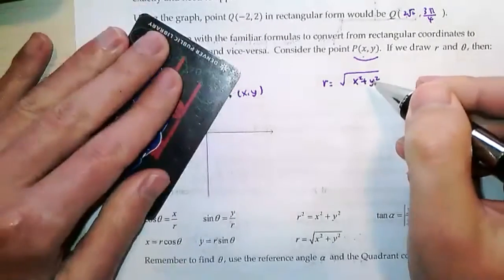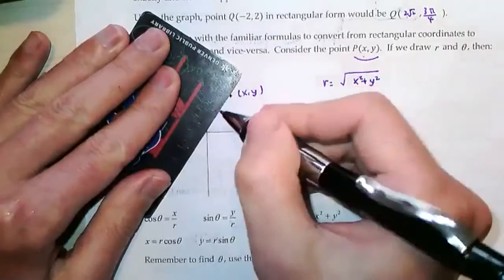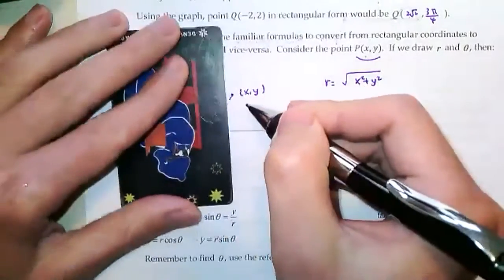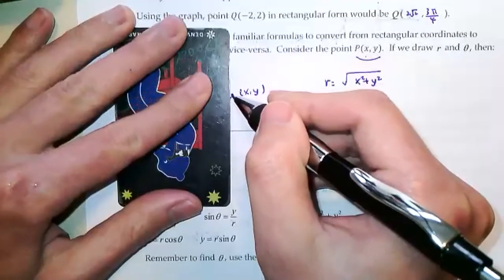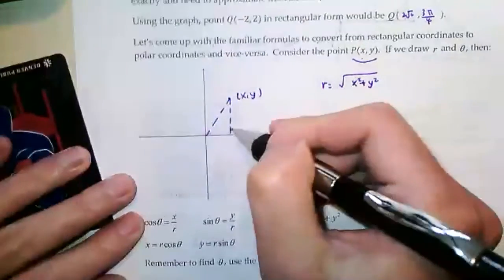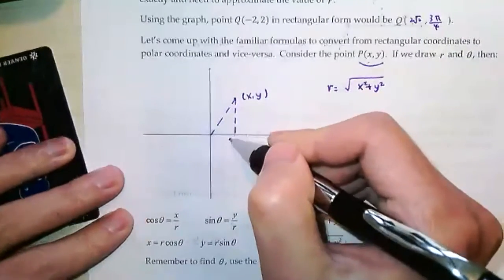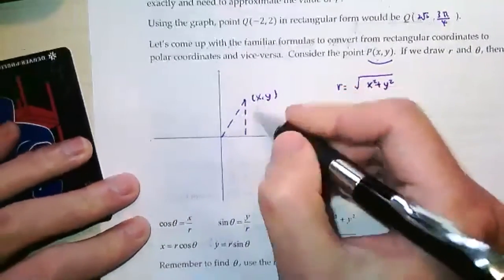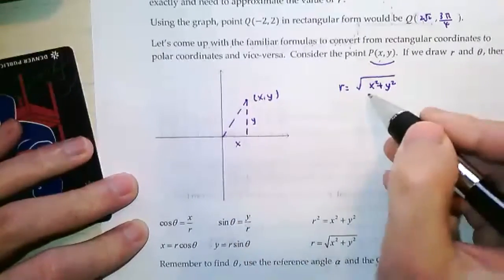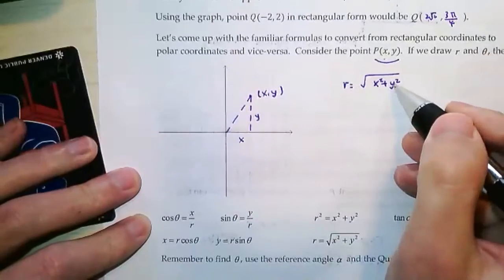So let's create a fabricated triangle to help you think about it. Imagine you have a triangle here. This side is x, this side is y. So the hypotenuse is square root of x squared plus y squared.